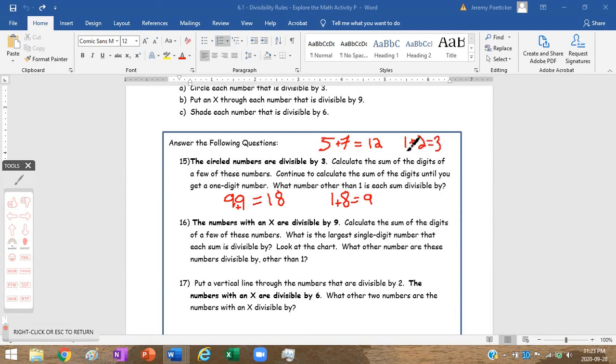The digits are 5 and 7. 5 plus 7 equals 12. That is definitely not a one-digit number, but it's pretty easy to see 1 plus 2 equals 3. And 3 is also divisible by 3.